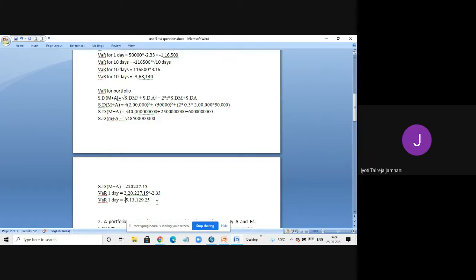If we want value at risk for 10 days, we have to do minus 5,13,129.25 into square root of 10 days. See what answer you get.